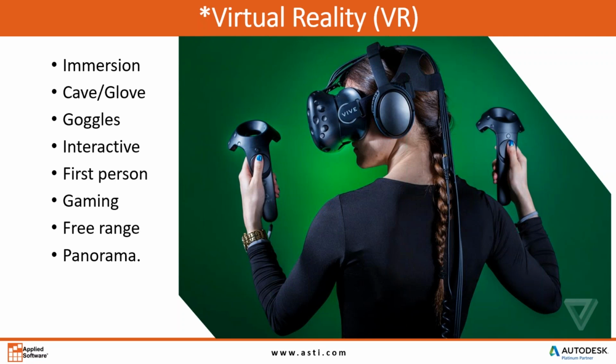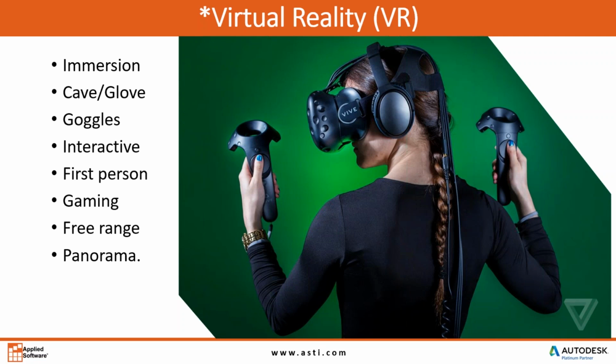When we talk about the VR side of things and what we can offer, it's basically that immersion level. Once we have a model or design that we've created, we can have many different outputs of that, and one of those is this VR type of environment. It really provides that immersion, really getting into it. Some people have called it a caving environment, or you're wearing gloves and you're touching, feeling.